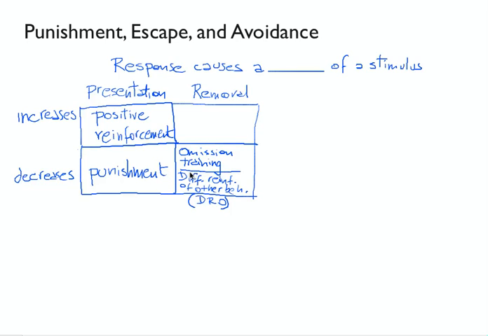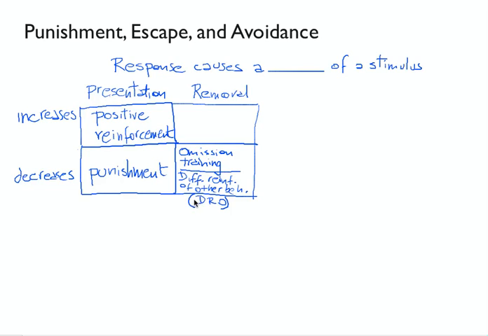But an alternative is to provide reinforcement of other behavior, of non-stereotyped vocalizations, and remove it when the vocalization happens. And this can be attention and social praise.